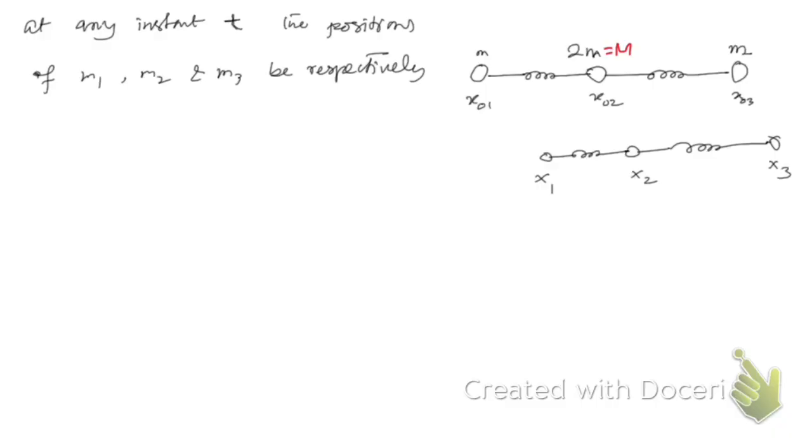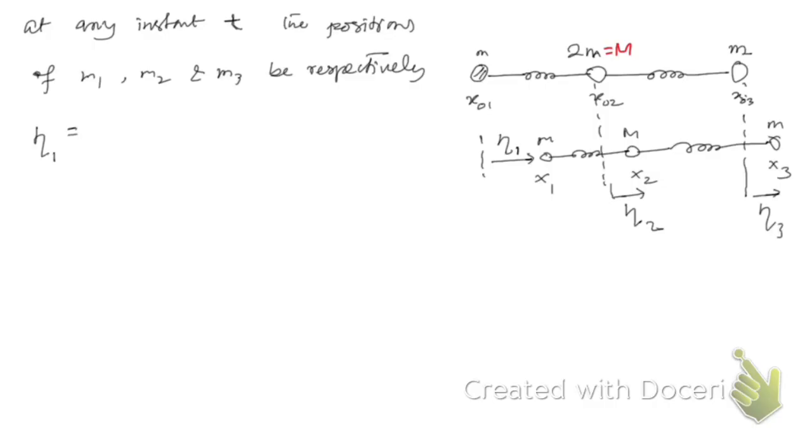This is m, capital M and small m. And the displacement from their original positions: let me consider eta 1 for the first, eta 2 is the displacement of the capital M sphere, and eta 3 is the displacement of the third.